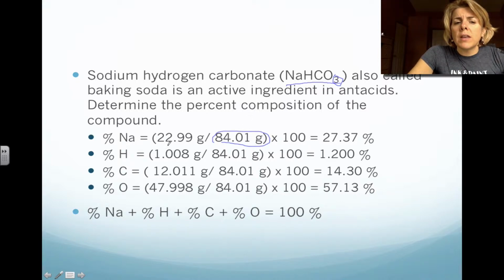But you essentially take the individual masses of the sodium, hydrogen, carbon, and oxygen, and you divide them by the molar mass, and it gives you a percentage. Now, if you took each single atom and added its percentages up, you should equal 100%. If you don't, it's possible that you did something wrong.